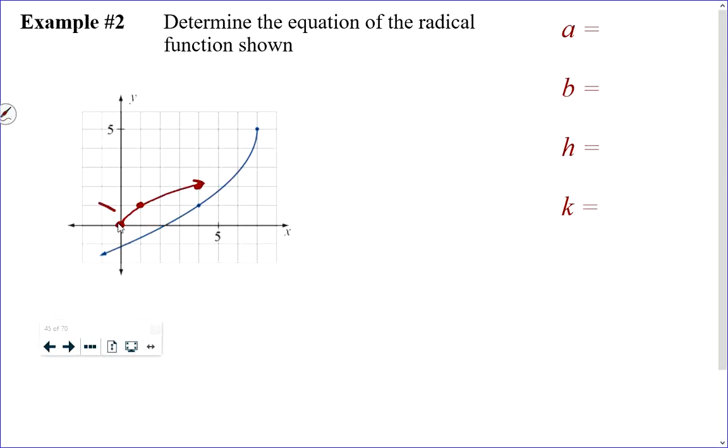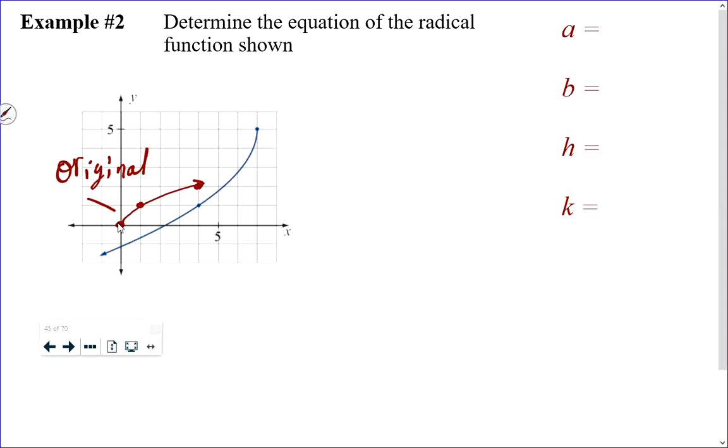I don't know necessarily that you need to add this to the graph, but we're going to be looking at those key points to find out what happens to them to get the new graph so that we can determine a, b, h, and k. So this is where, quite frankly, that shortcut becomes very useful.